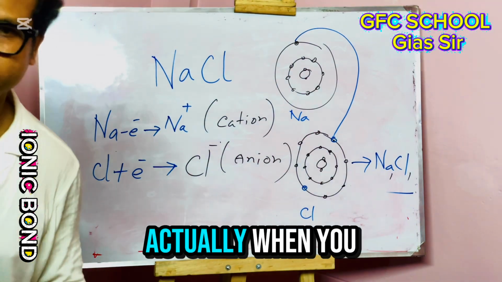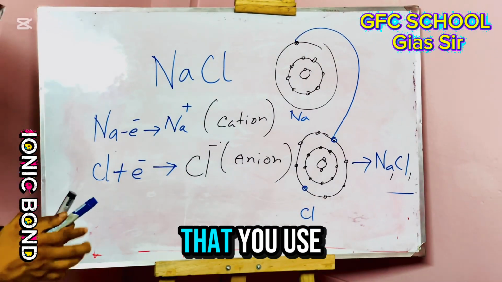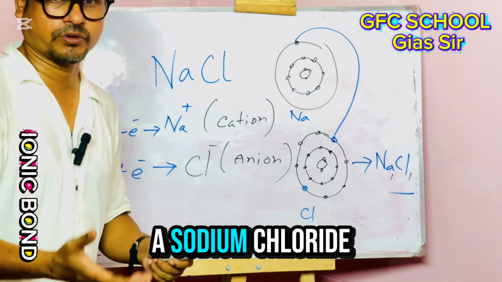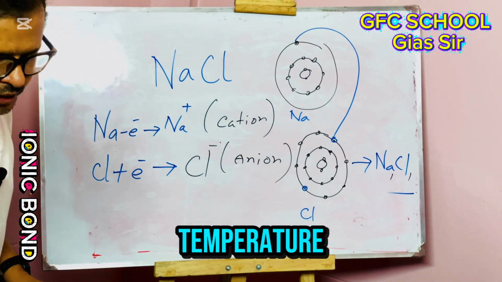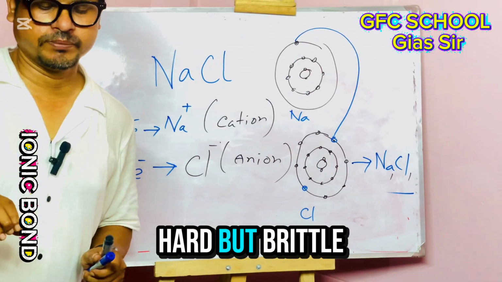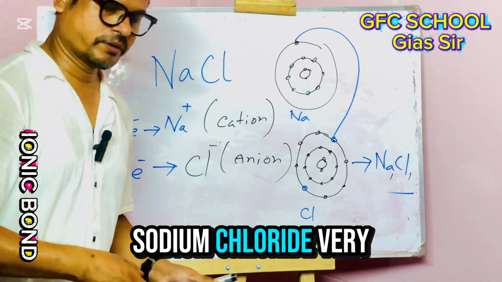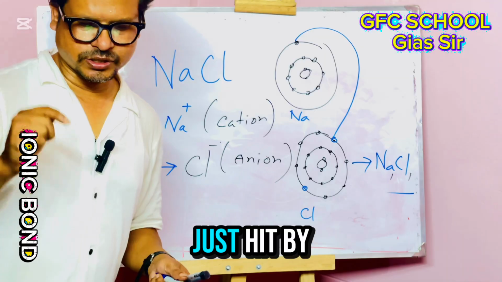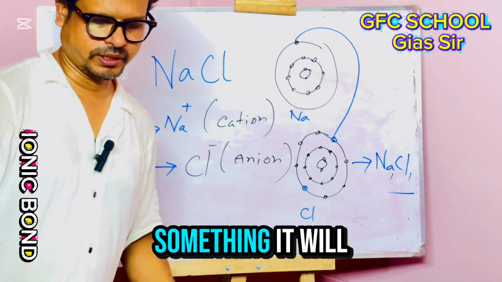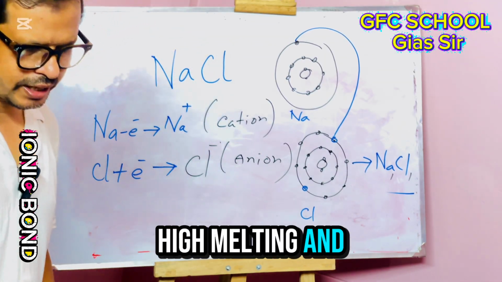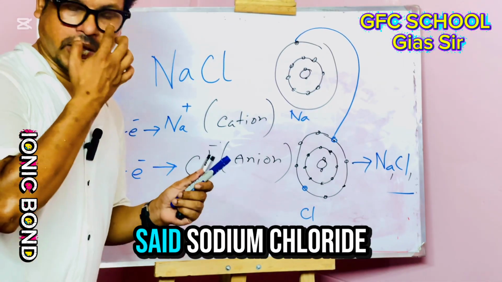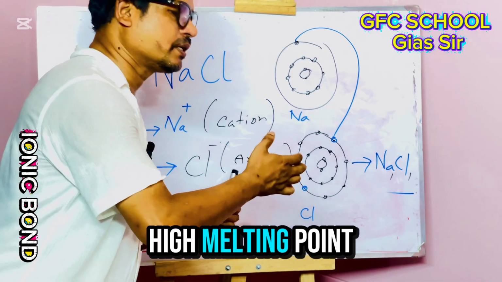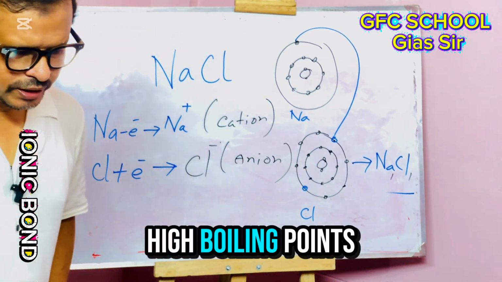Yeah, you know, actually, when you eat rice, you use sodium chloride, so that is solid at room temperature. Hard but brittle. Here, sodium chloride is very hard, but if you strike it with something, it will break. High melting and boiling points. Guys, just now I've said sodium chloride has a high melting point and high boiling point.